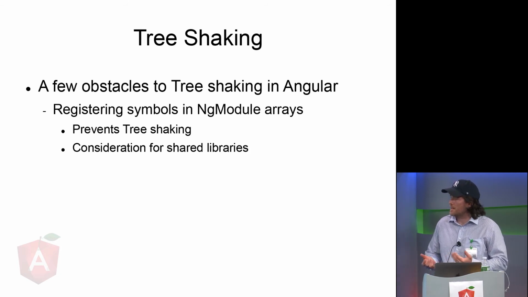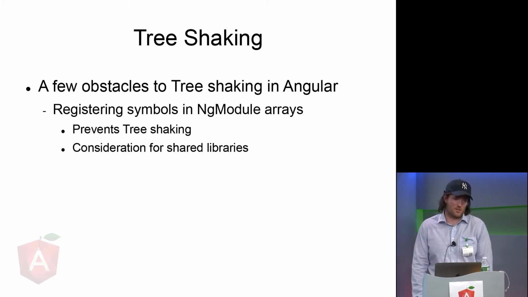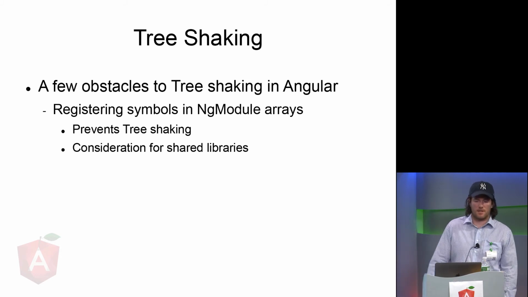If you picture an ng module, you have all these arrays in the decorator, right? The providers, the declarations, and the entry components, and all these things. Just the fact that something is registered in there means that it's considered in use by Rollup, so it cannot tree shake those things.